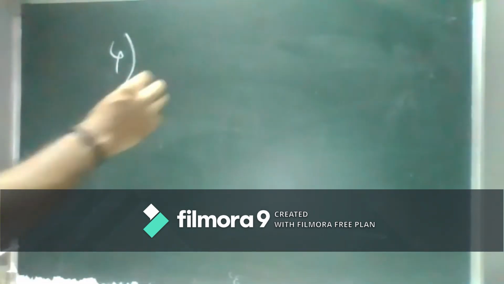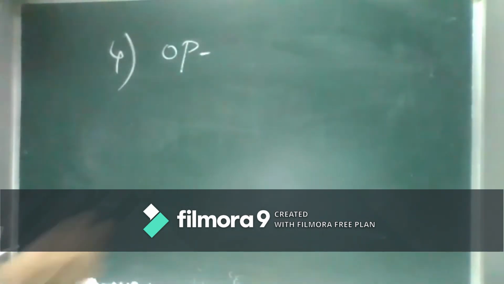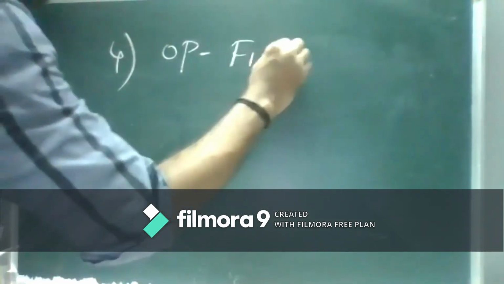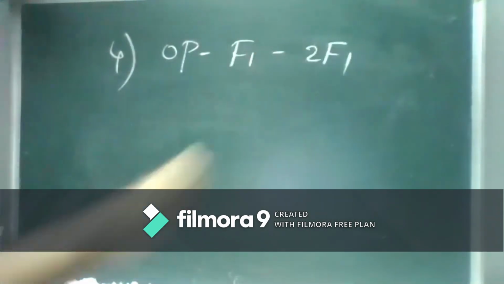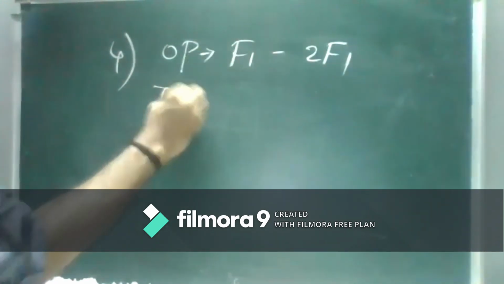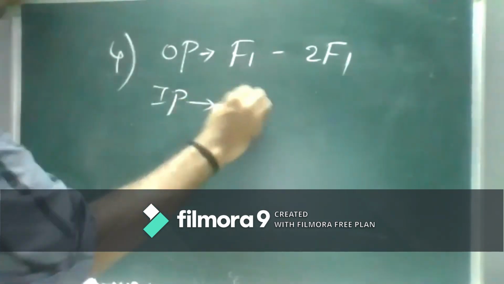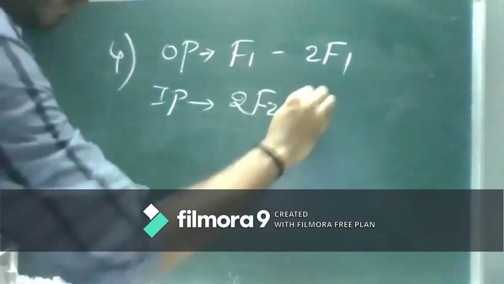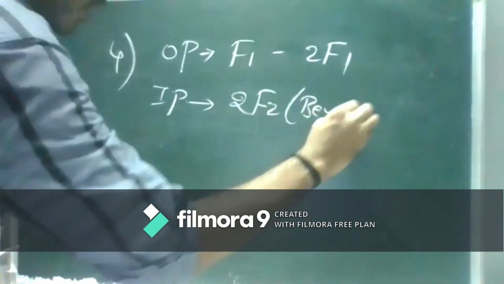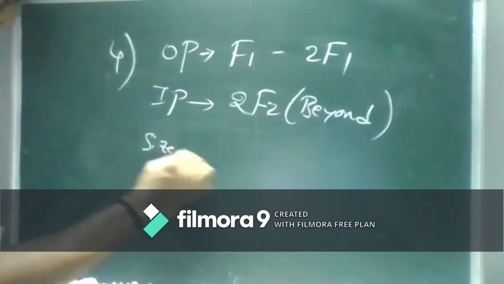The object position is between f1 and 2f1. Image position is beyond 2f2. And there is the size of the image.